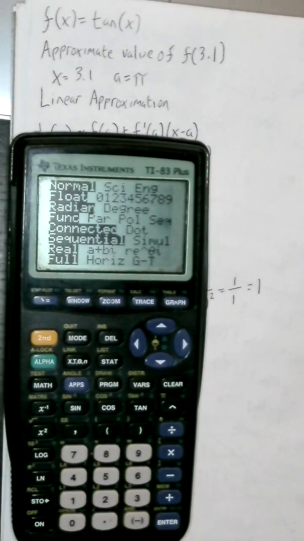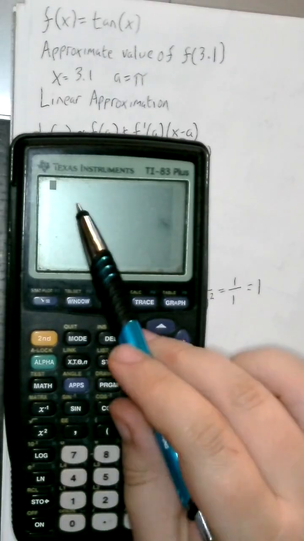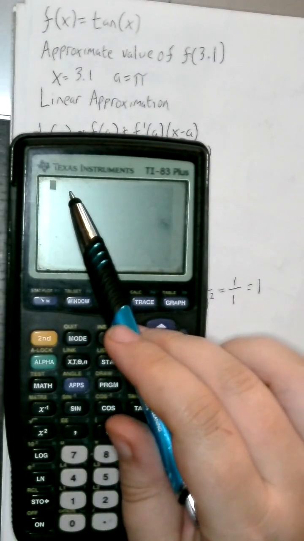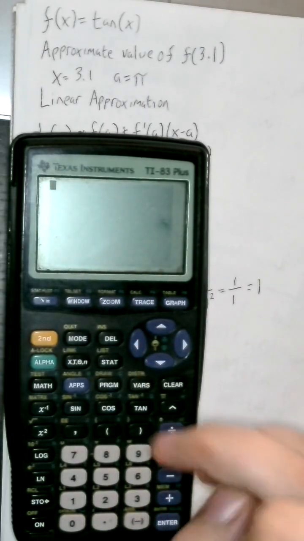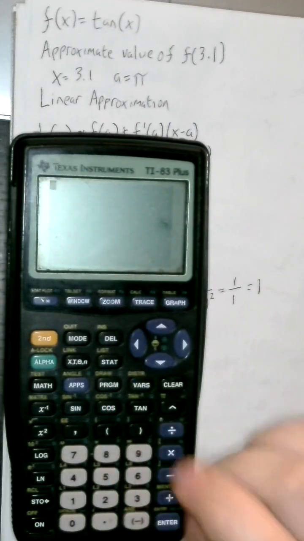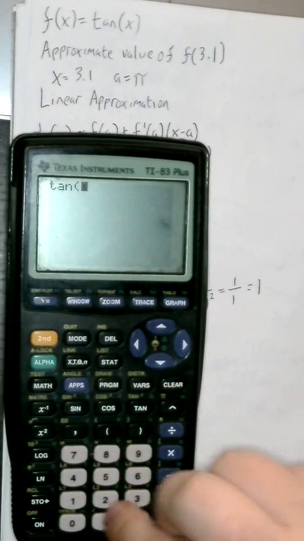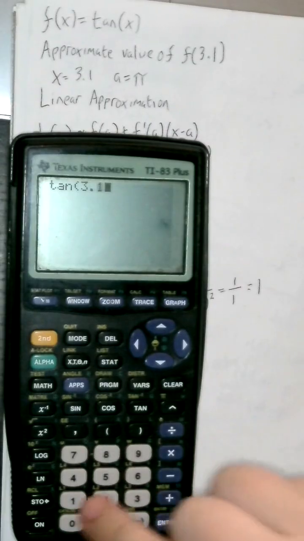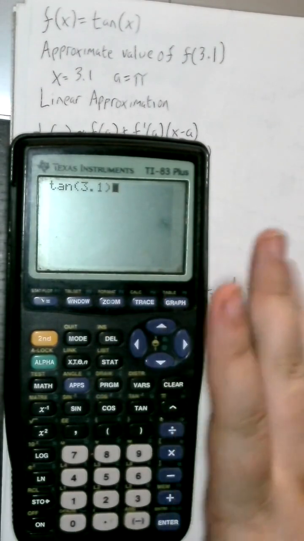So now my calculator is in Radian mode. If I quit out of here, it will know that whatever value I plug in is in radians, not degrees. I'll show you the difference in a moment. So let's plug in tangent of 3.1. Hopefully we get something around negative 0.04.